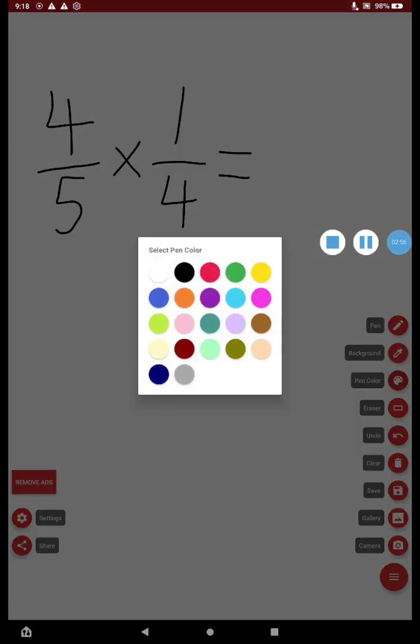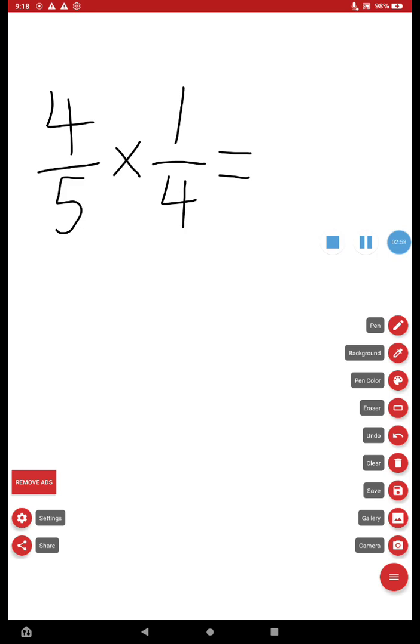So what I do is I look at my numbers crisscross style. 4 and 4. What is 4 divided by 4? 4 divided by 4 is 1. So I can get rid of both 4's and turn them into the number 1.